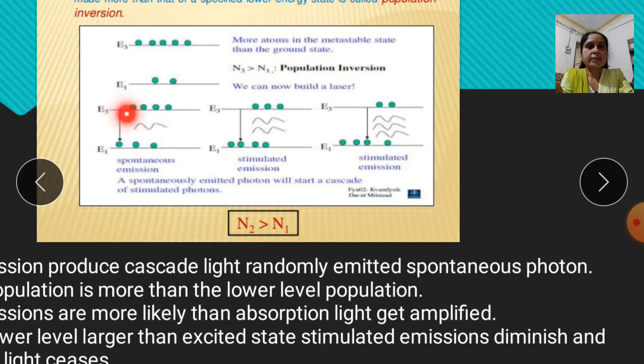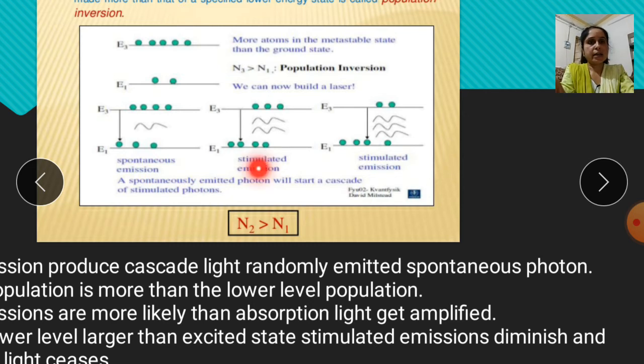The excited state atoms go in the downward direction, and due to spontaneous emission, the excited state atoms come down to the ground state. In this way, more and more excited atoms reach the ground state.